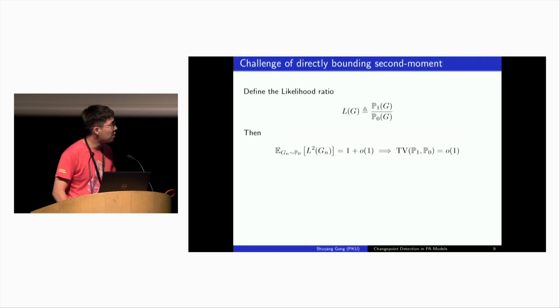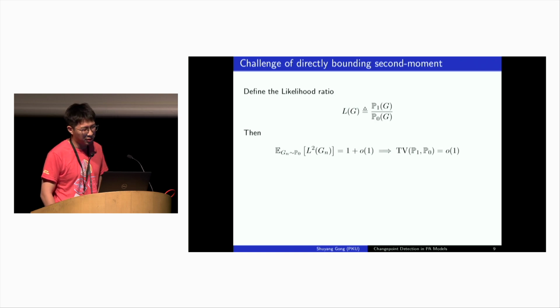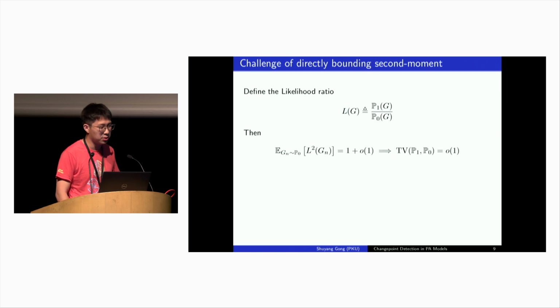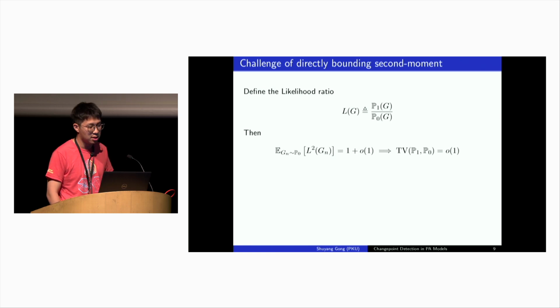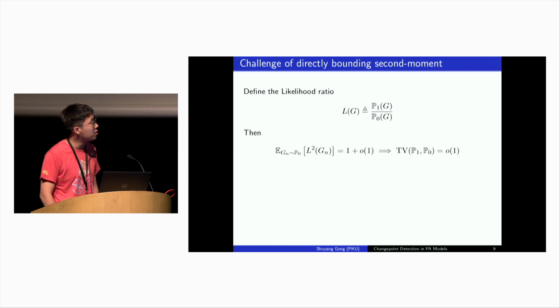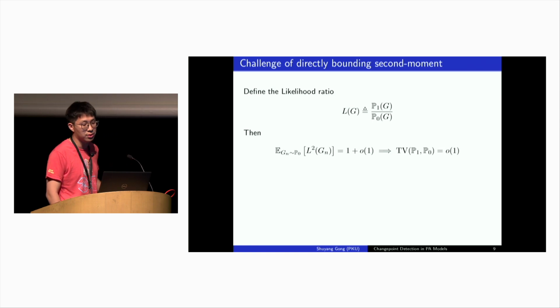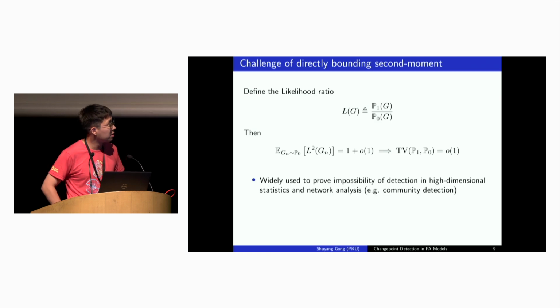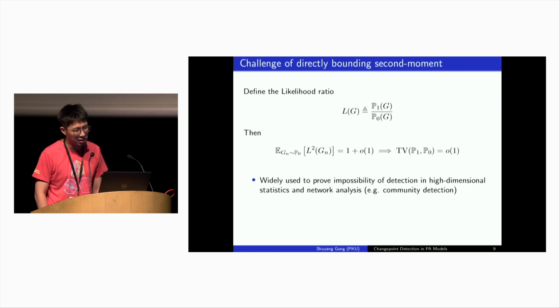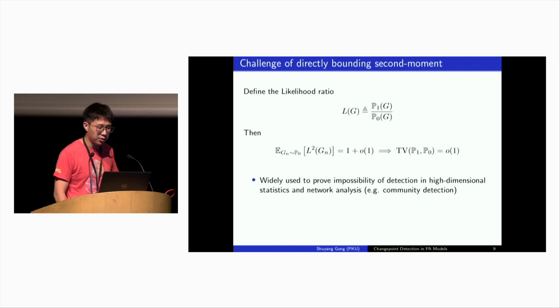As many of us may know, when you want to show impossibility of detection, the most direct way is to compute the second moment of the likelihood ratio. If you can show that the second moment of the likelihood ratio is equal to 1 plus little o of 1, then by the Cauchy-Schwarz inequality, you can show that the TV distance between these two distributions is little o of 1. This has been used in other settings, for example, community detection or graph matching.